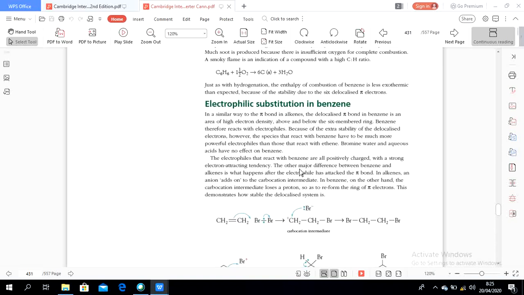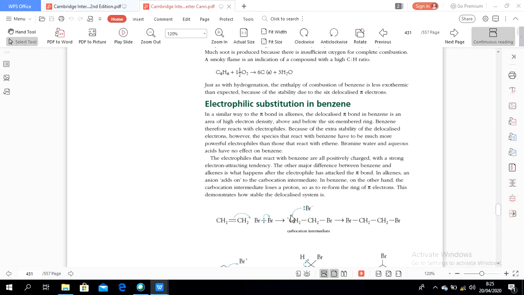The major difference between benzene and alkenes is what happens after the electrophile attacks the pi bond. In alkenes, an anion acts on it. So this anion or nucleophile goes to here. Why? Because this one is positive. What does positive mean?